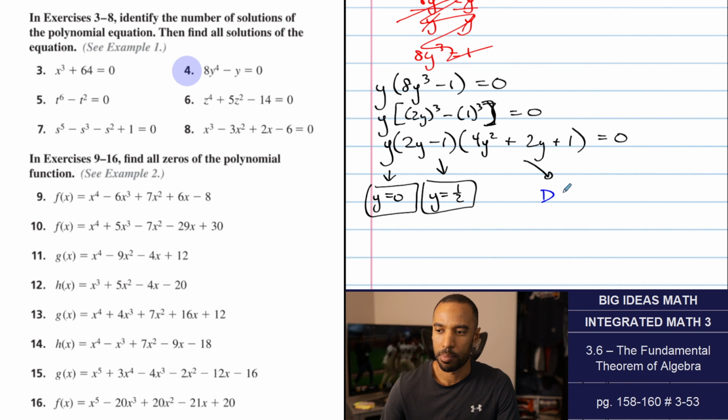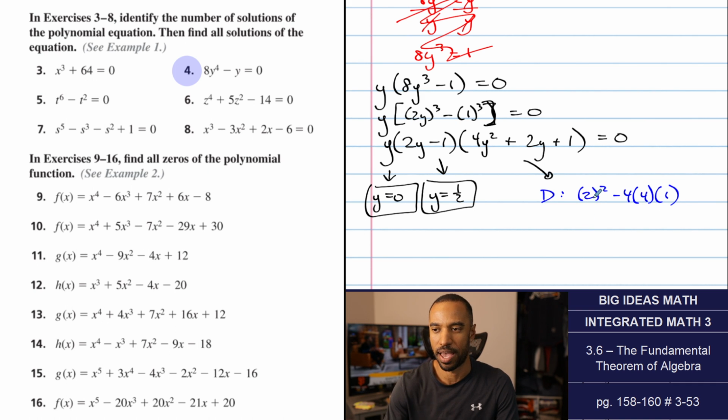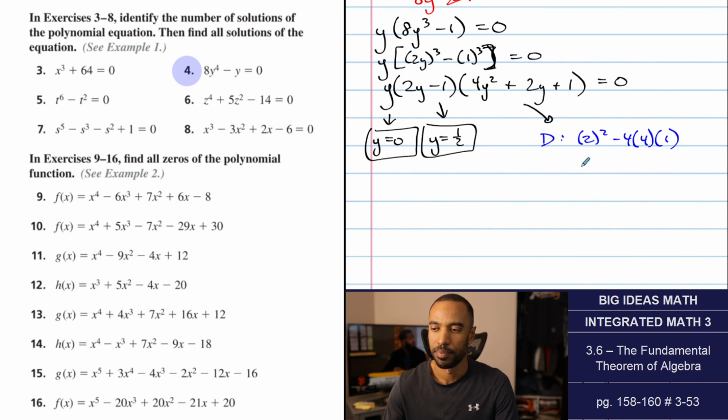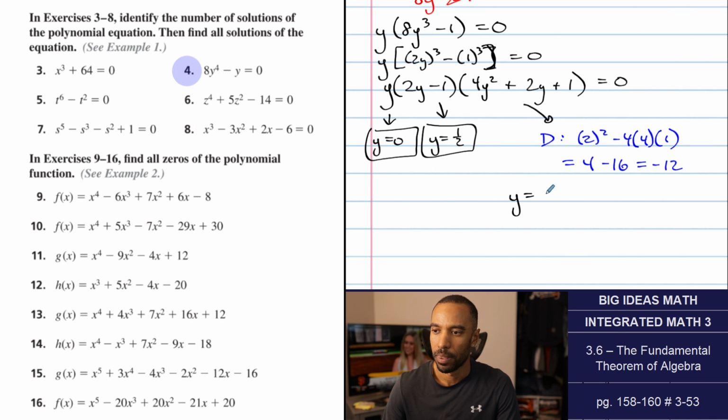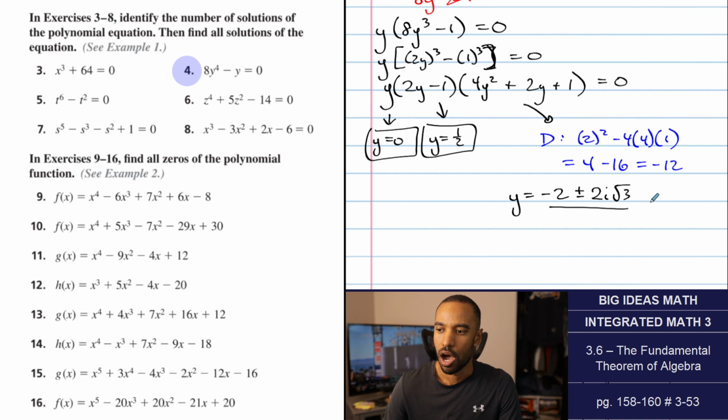I'm going to apply the discriminant first here and work on b squared minus 4ac. Remember, you fully expect non-real solutions here. So this is going to be 4 minus 16, which is, once again, negative 12. We've seen that in the past. Now, when we are solving for these two, this will be y equals negative b plus or minus the square root of b squared minus 4ac, all over 2a.